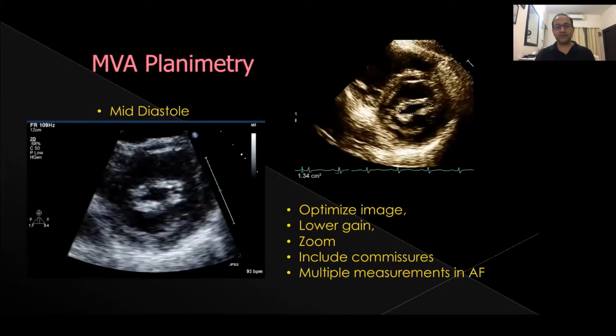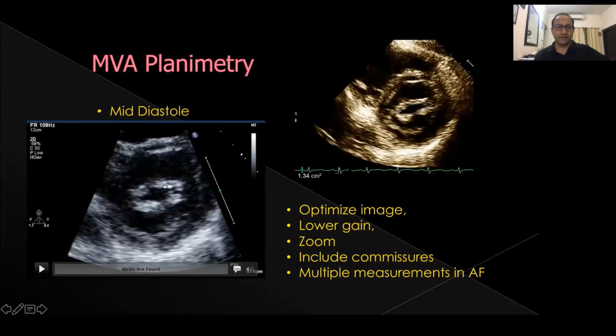Now, we have already discussed that when you're looking at the planimetry, you have to optimize the image, zoom it, and lower the gain so that the leaflets don't appear too thick, otherwise you may end up overestimating the severity or underestimating the area. And it should include the commissures, which basically means that you should trace the commissures like this, okay?